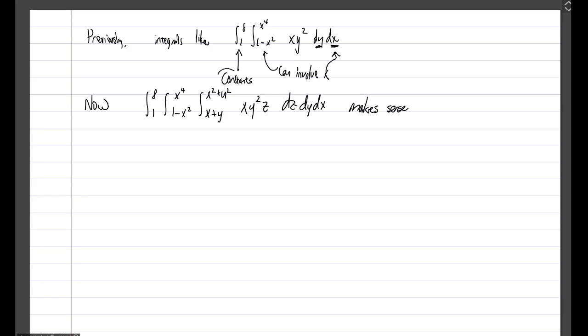Let's comment for clarity, like this thing about constants and can involve x. So this outer one, the outermost integral, must have constants, just like before. Then the next integral inside is, by the way, going to be the dy integral. When the dy integral is done, if it leaves some x's over, that's fine, because we're going to do the dx one last.